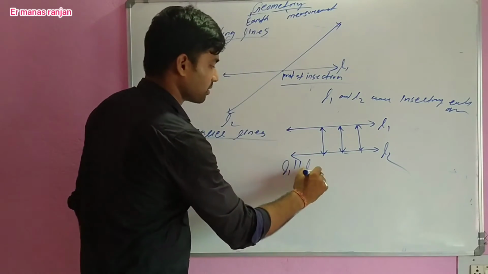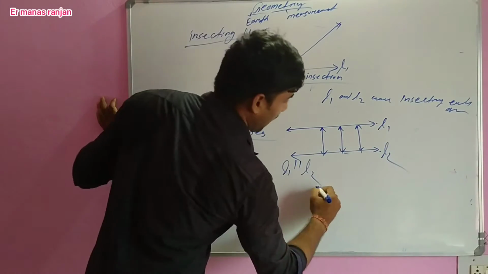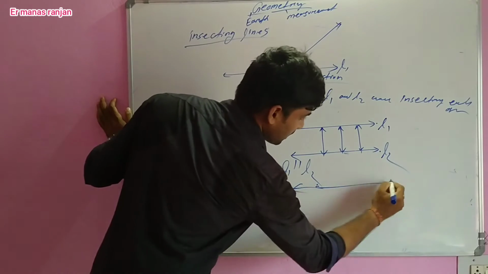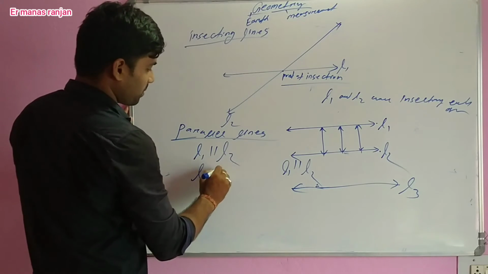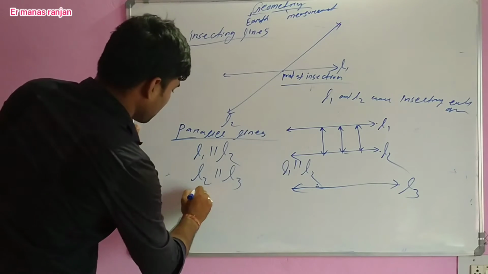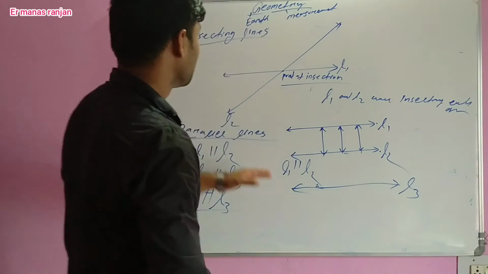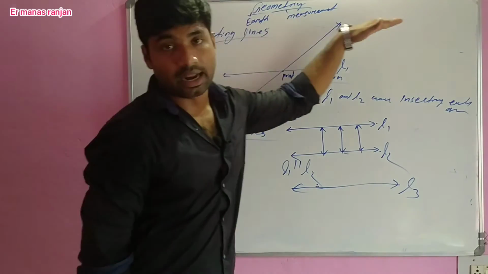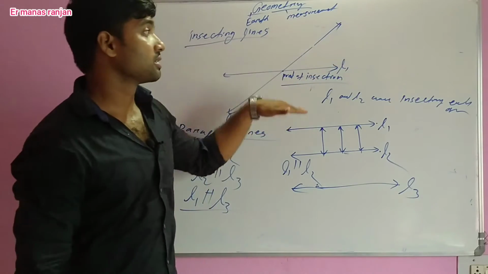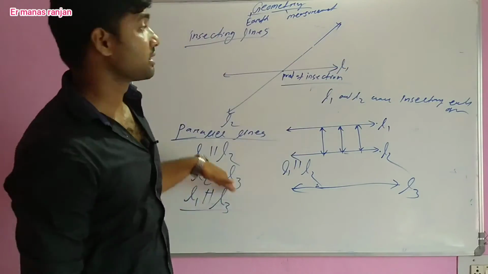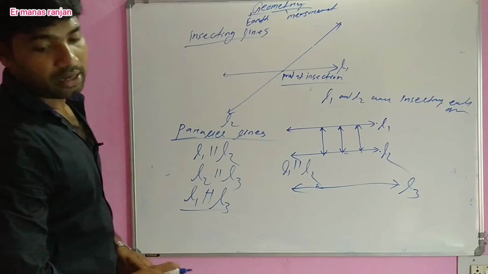If L1 is parallel to L2 and L2 is parallel to L3, then we can say L1 is parallel to L3. Understood? You got point, line segment, ray, lines, splitting of lines, concurrent lines, concurrent points, collinear points, then intersecting lines and parallel lines.